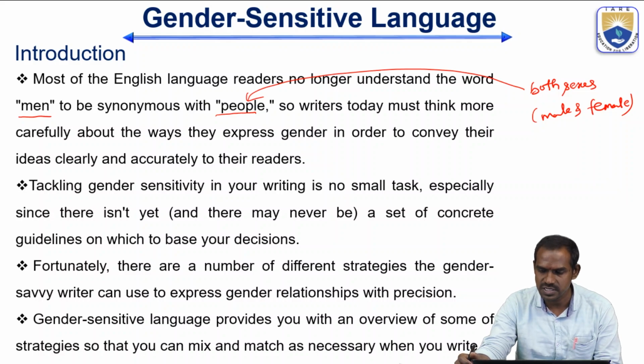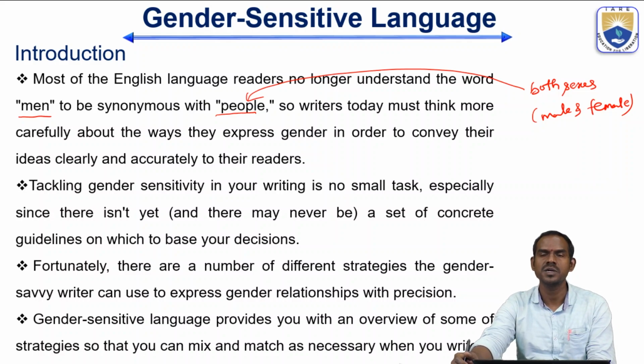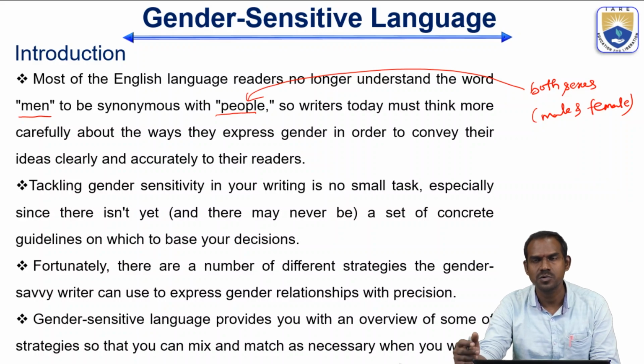So gender sensitive language is very important to represent the particular gender. As I told, men is not common for people. People represent both sexes, male and female. So men represents only male, woman represents only female.